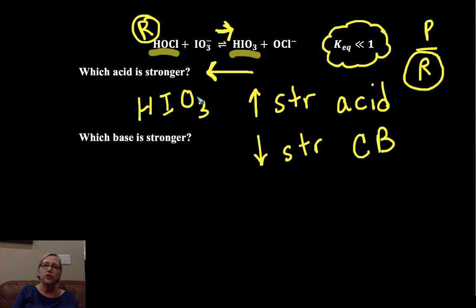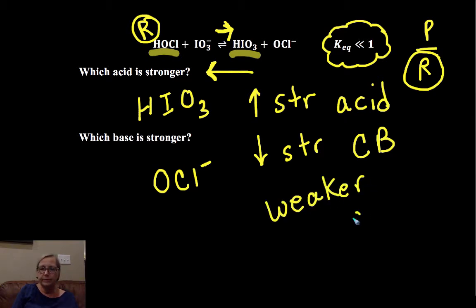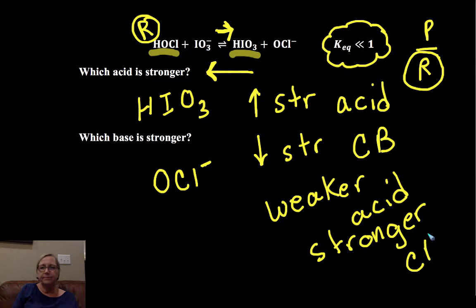So if this is the stronger acid, then OCl minus would be the stronger conjugate base, because the weaker acid would have the stronger conjugate base. So that's the type of question you may have to analyze as you consider that stronger versus weaker terminology.